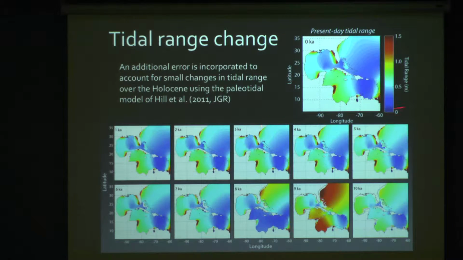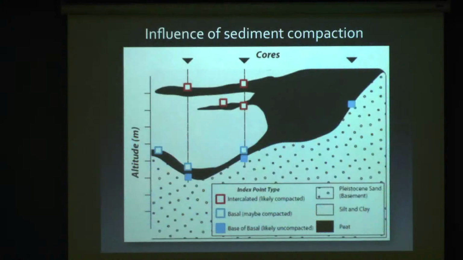This figure shows present-day tidal range for the Caribbean region. We can see that it's microtidal and that most locations in the area have a tidal range of less than 1 meter. If we go back in time, we see that tidal range was relatively constant up until around 8 to 10 Ka when tides blew up in this region, reaching levels of almost 1.5 meters. So we can correct for this by adding an additional error to samples.